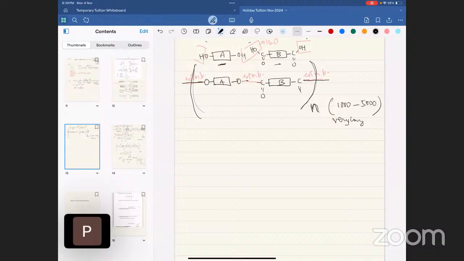I just draw O, B, dangling hands, bracket, bracket, to represent that it is very long. The 1,000 to 5,000 is FYI only. This is a polymer, something very long, formed by short things left and right.